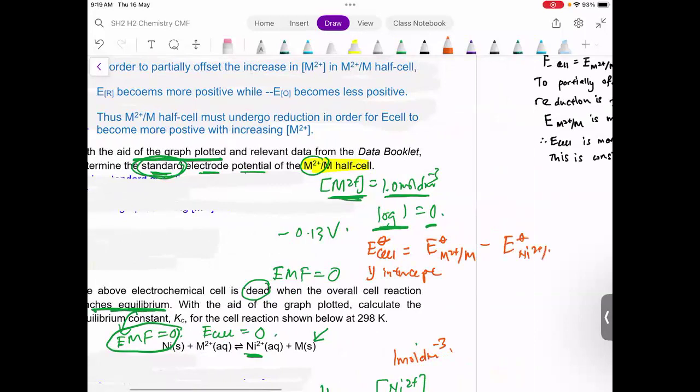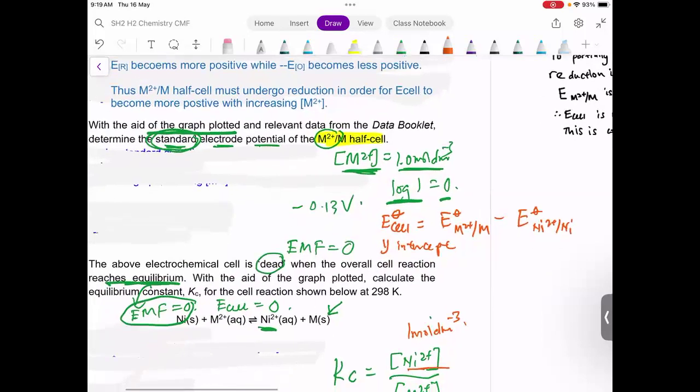If you're using this correctly, then you should get the answer. So what's the E0 cell value? Do you realize where your mistake is? Okay, all right.